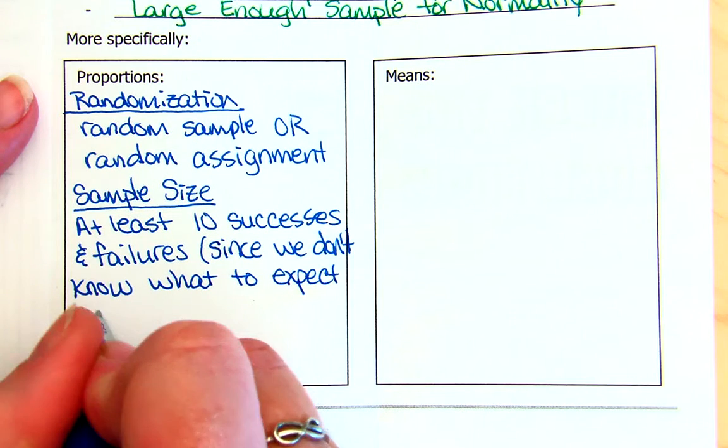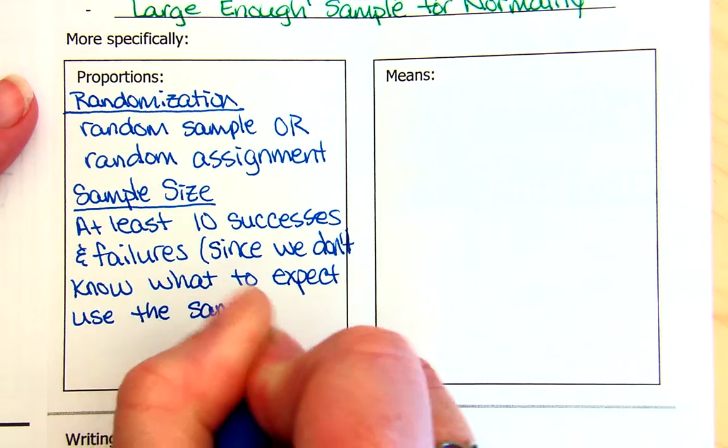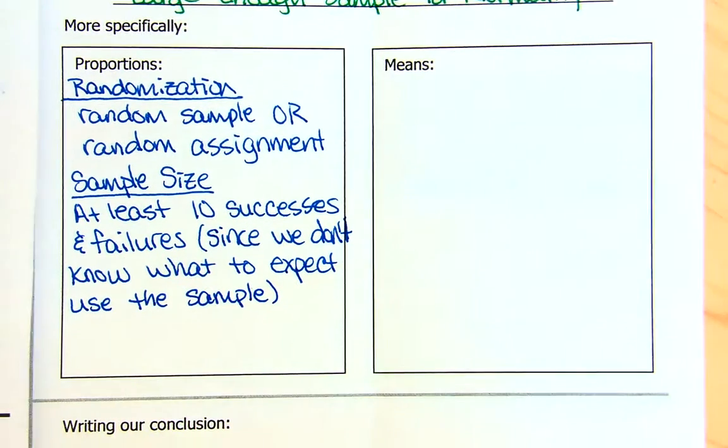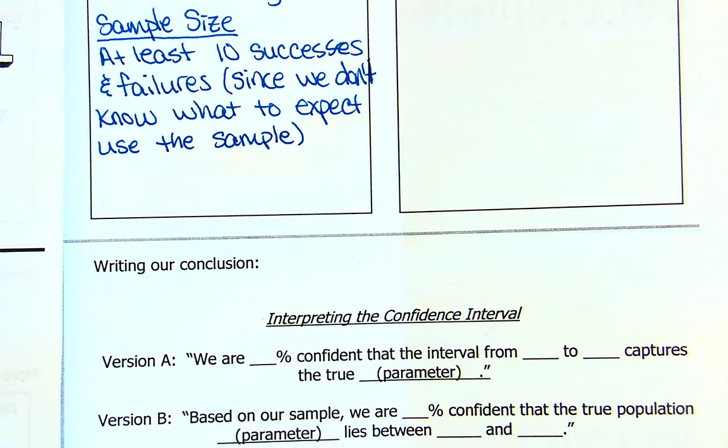We use the sample. So if we were trying to find the proportion of students who are left-handed, well, we would have this many people are left-handed in our sample and this many people are not. So we use the numbers from the sample to check this sample size.